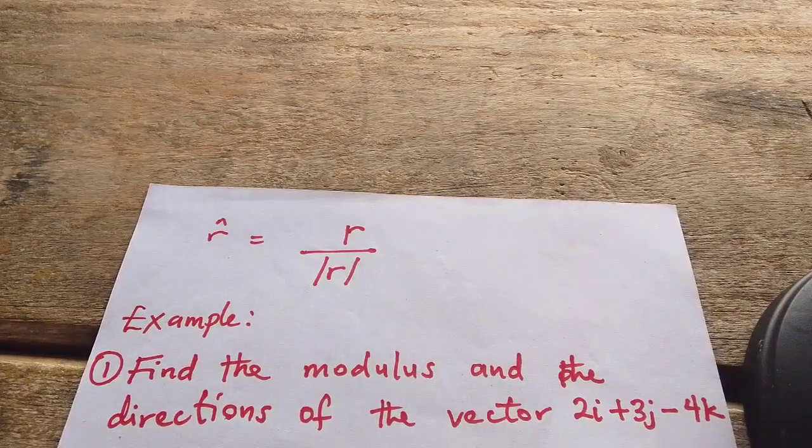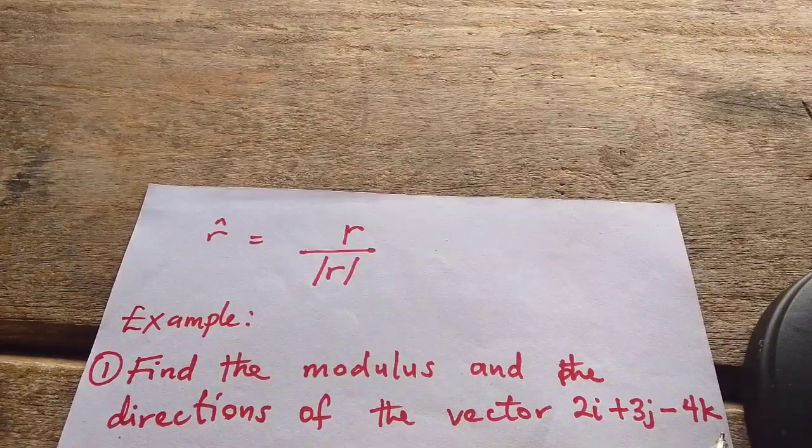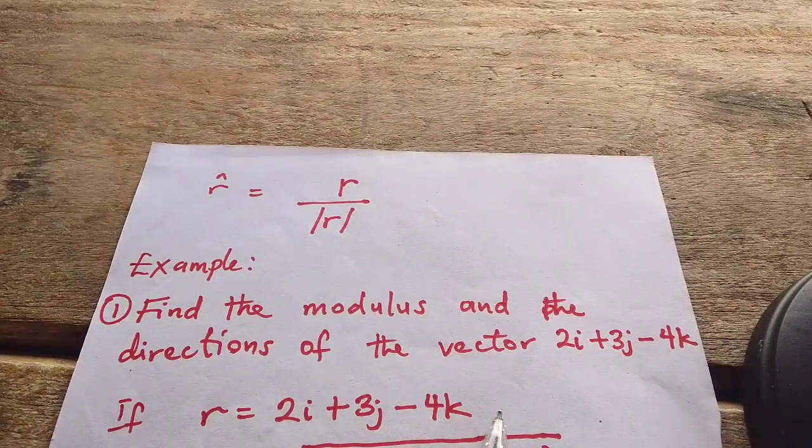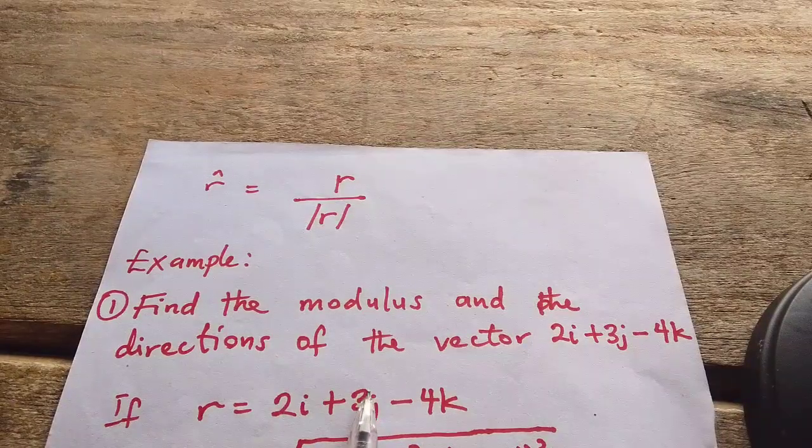Find the modulus and the direction of the vector 2i plus 3j minus 4k. First of all, we want to look for the modulus. The 2 represents the x component, 3, the coefficient of j, represents the y component, and the coefficient of k represents the z component.